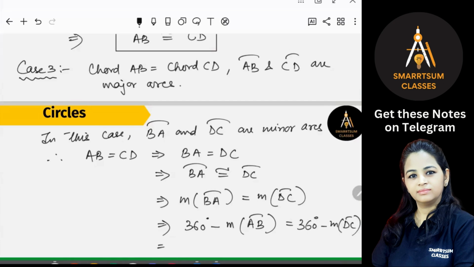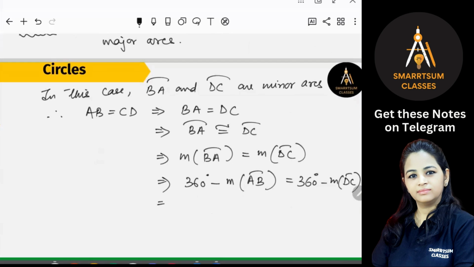Hearing it? Both sides you can remove this 360, so the measurement of arc AB will be equal to the measurement of arc CD. Getting that? And from here you can say that the major arc AB is congruent to the major arc CD.